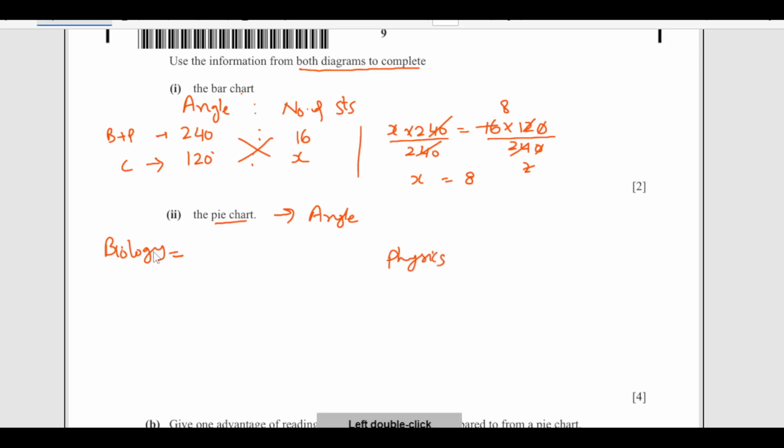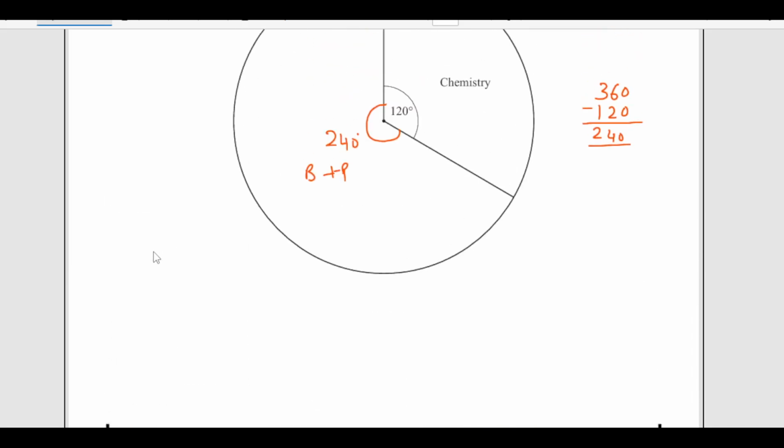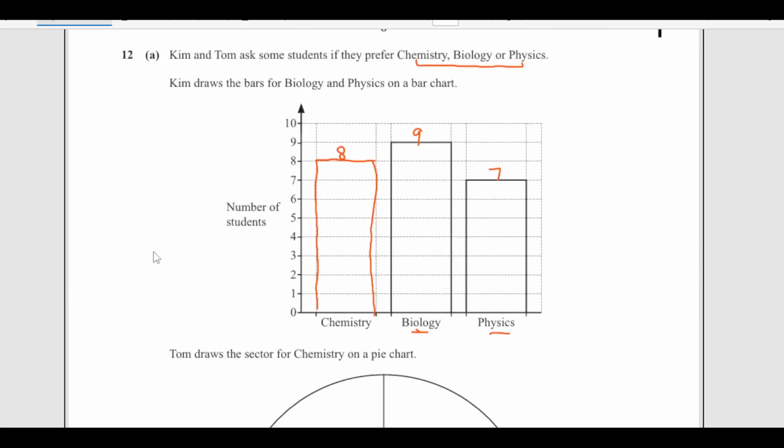So the total of the frequencies is 8 plus 9, 17, plus 7 is 24. So we are talking out of 24.